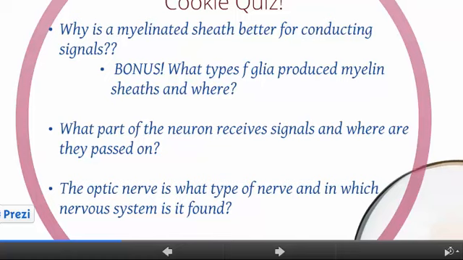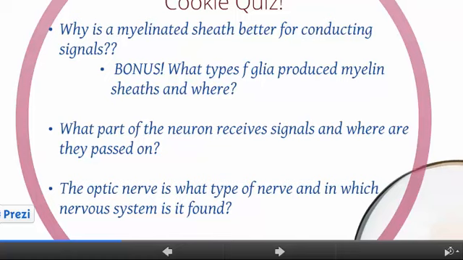The myelinated sheath is better for conducting signals because, just as Tanner described, it causes the electrical signal moving down to move a lot faster so it can pass on quickly. The two types of glia that produce myelinated sheath are oligodendrocytes and Schwann cells. Schwann cells produce myelinated sheath in the peripheral nervous system, and oligodendrocytes produce it in the central nervous system.